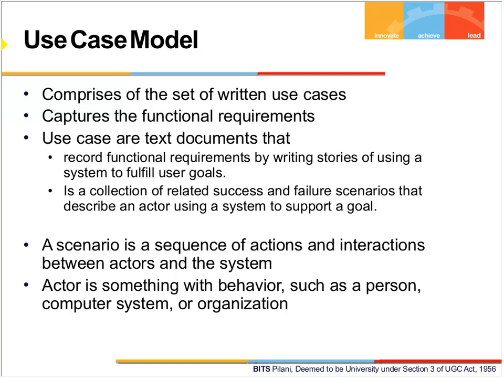Use case model comprises of two things. One is use case diagram, and the other is use case text scenarios, right? Your use case model comprises of use case diagram and use case text scenarios.